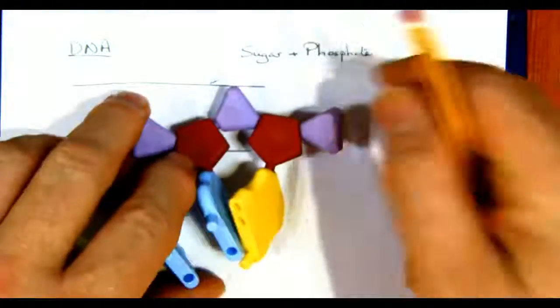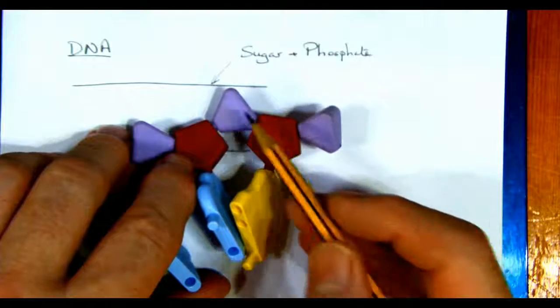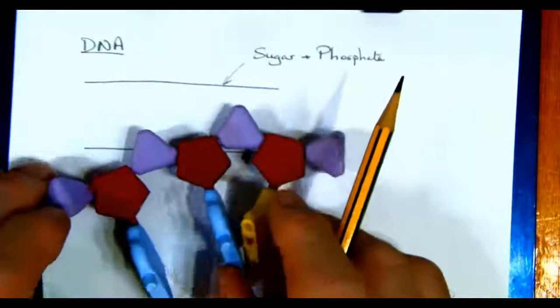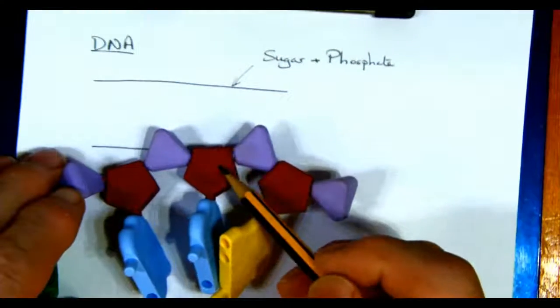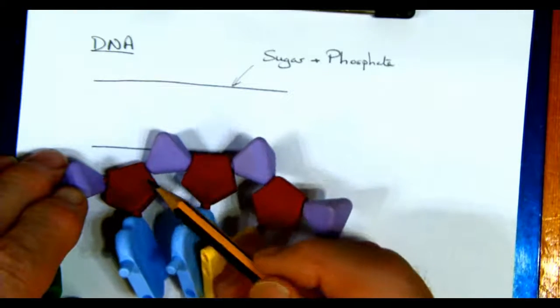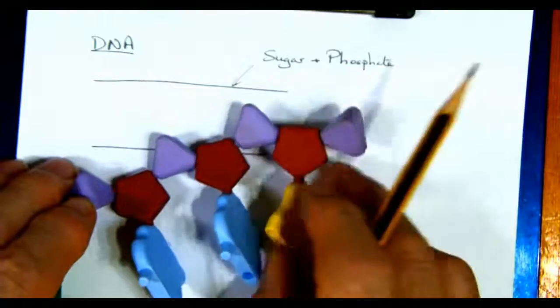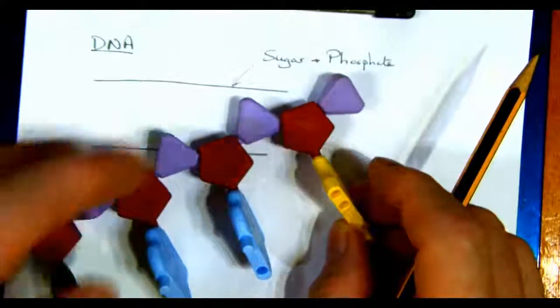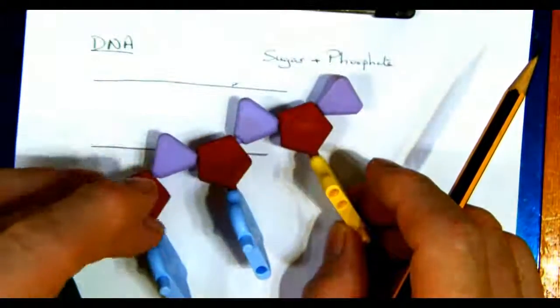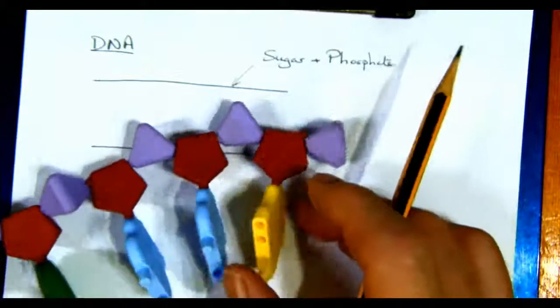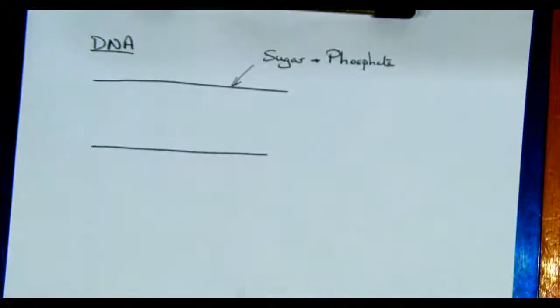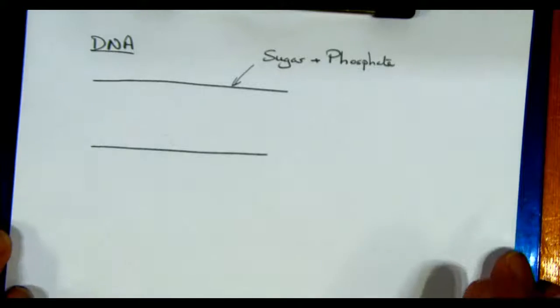I've got my sugar and a phosphate, and the phosphate joins to another sugar, and then another phosphate, and then another sugar. Attached to this sugar is a base, and we have one of four bases available to us.